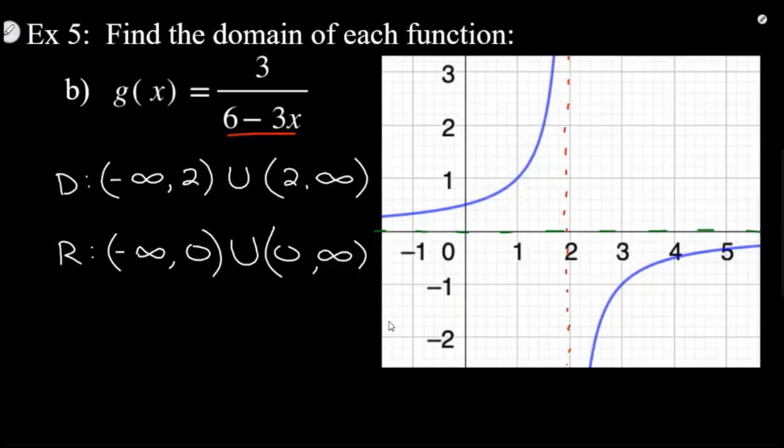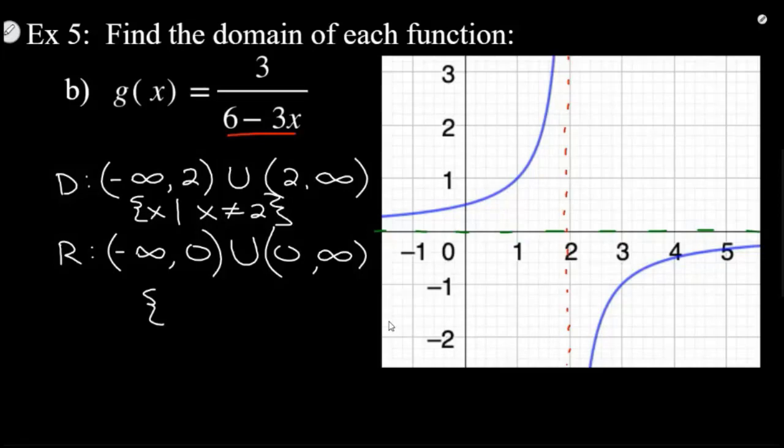Now, this is one case where, to me, interval notation is actually harder than set builder notation, because all we would have to do in set builder notation in this one is we could say the domain is all the x's such that x does not equal 2. You can just throw that one number out and you're done. And then the same thing down here. How could we write this one?